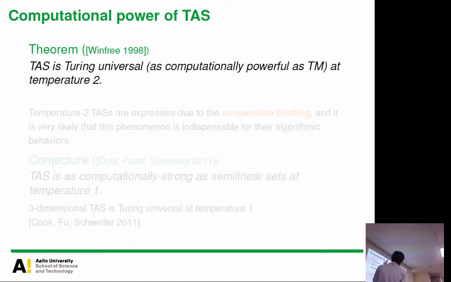Or in computer science terminology, it's equivalent to a Turing machine in computational power at temperature 2. Okay? Sorry, I didn't mention temperature: temperature means how strong the glue has to be for the binding. So temperature 2 means that you need 2 single bonds, or one double bond, for the binding.